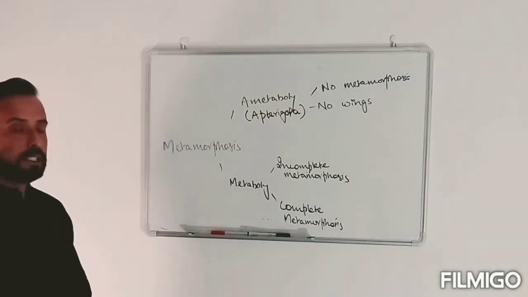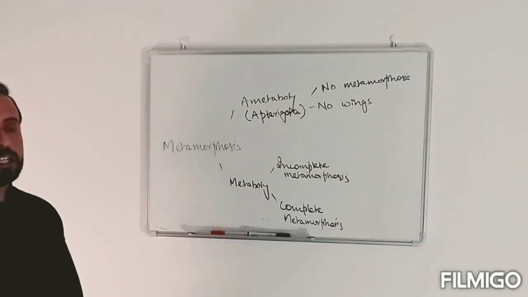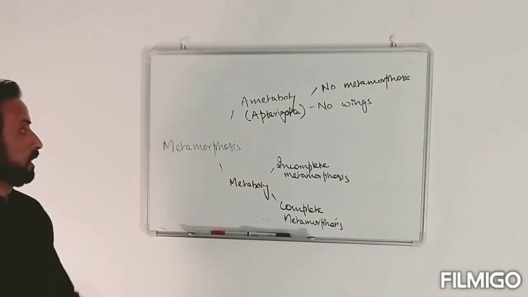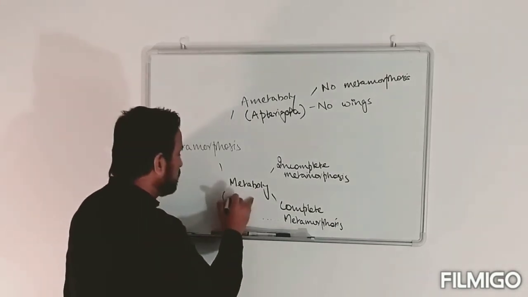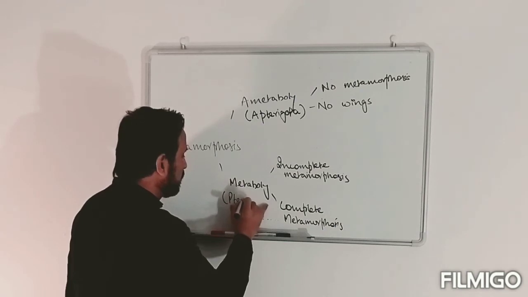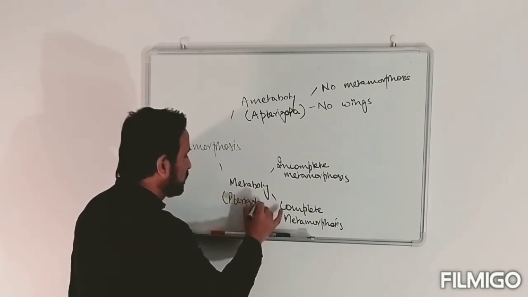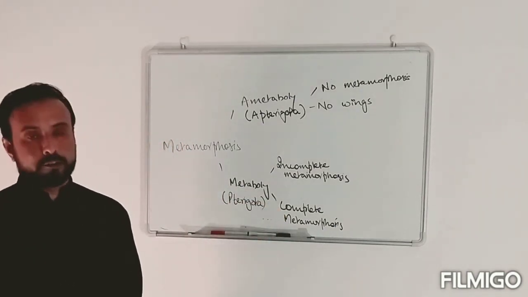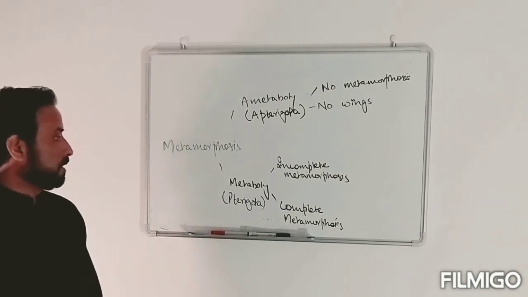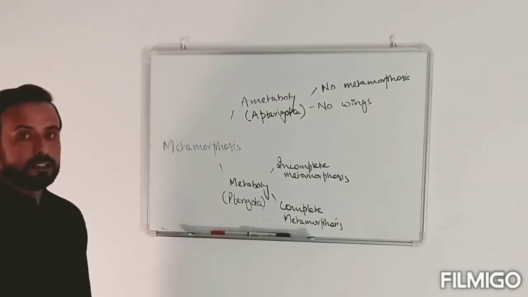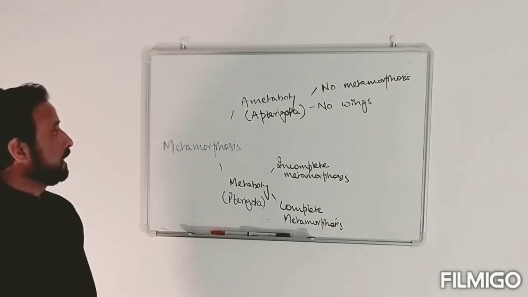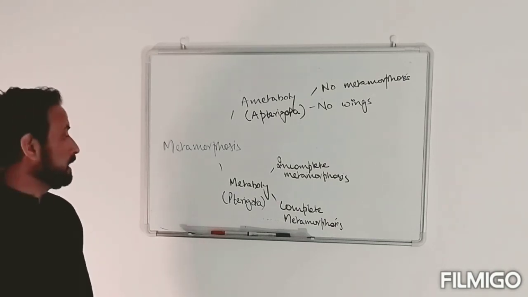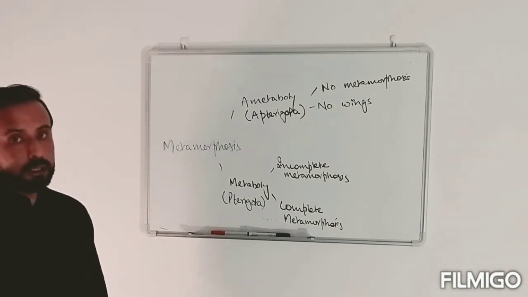This will be the characteristic feature of ametabola or Apterygota. Metabola or Pterygota will have the presence of wings, and they will show metamorphosis.